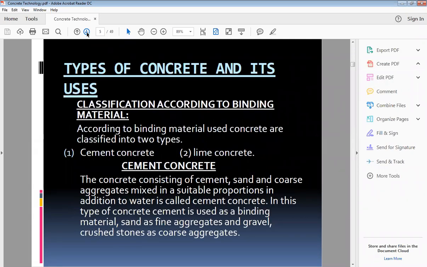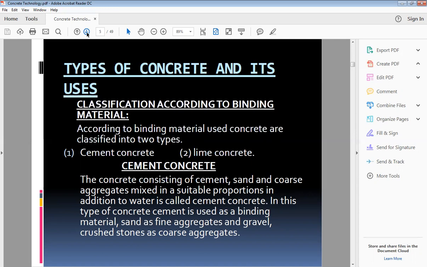The first type is according to the binding material. There are two types: first is cement concrete and second is lime concrete. As the name indicates, in cement concrete we use cement as a binding agent, and in lime concrete we use lime as a binding agent, which binds the other constituents of concrete.